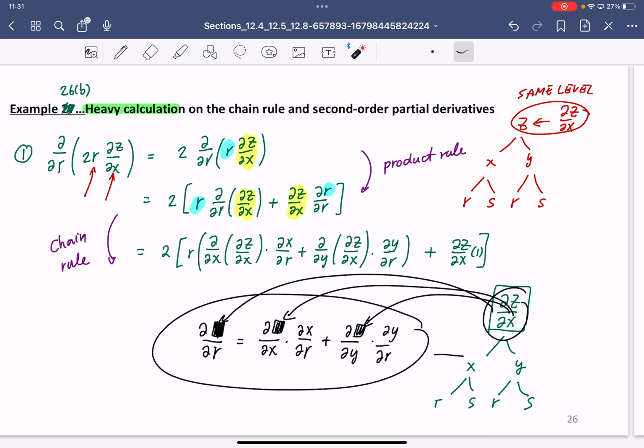And now we're getting to the answer. Don't look at the question now, just look at the diagram here.